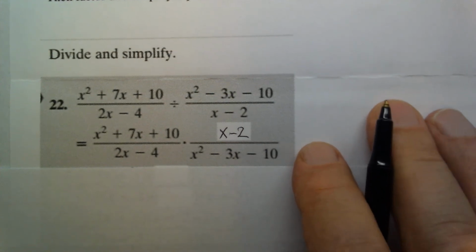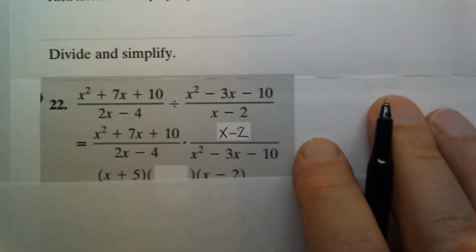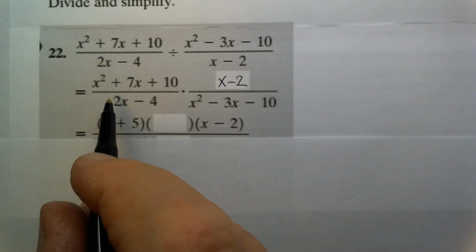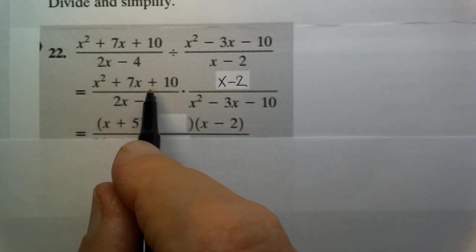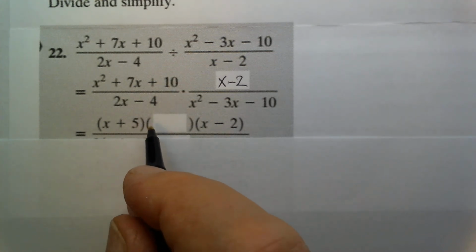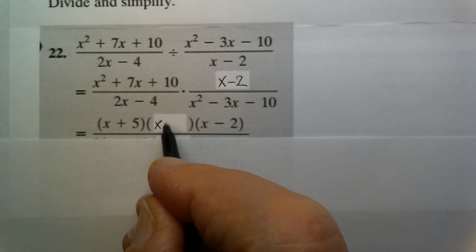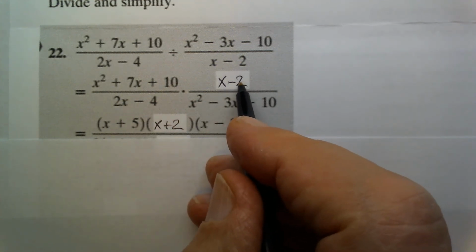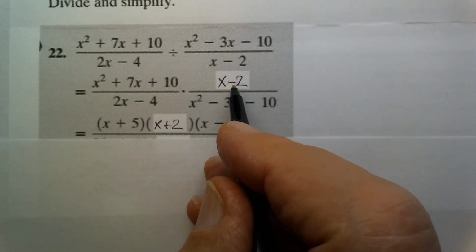And now we need to factor as much as possible. And so we notice that the first trinomial, x squared plus 7x plus 10, factors into x plus 5 times x plus 2. And then here we have an x minus 2 already.